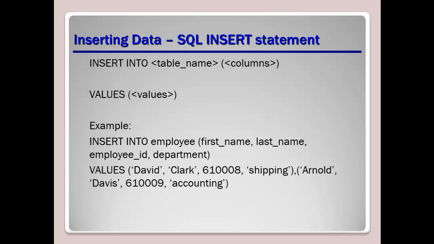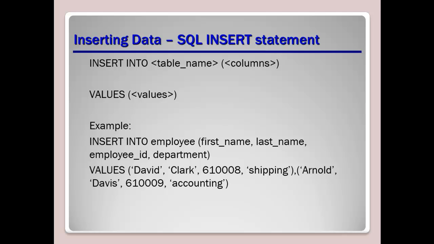So looking at our example here, insert into table employee, these columns: first name, last name, employee ID, and department, these values: David, Clark, 610008, shipping, comma, this will be another record, Arnold, Davis, 61009, accounting. And that data matches up with what we put in our insert into statement.